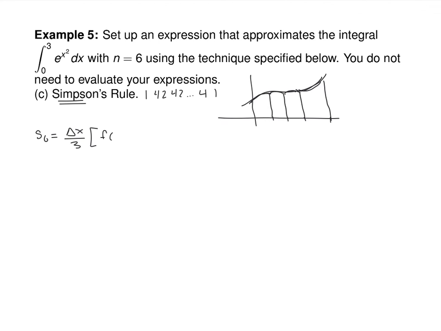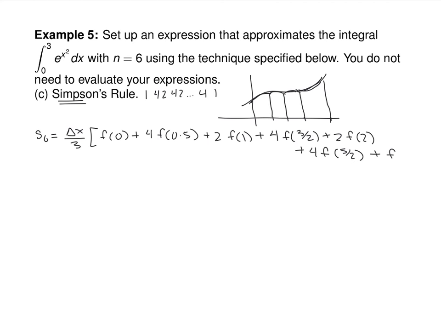So this says you'll have 1 f of 0 plus 4 f of 0.5, or 1/2, plus 2 f of 1, plus 4 f of 1.5, or 3/2, plus 2 f of 2, plus 4 f of 5/2, and then your last term was 3, and there'll just be one of those.